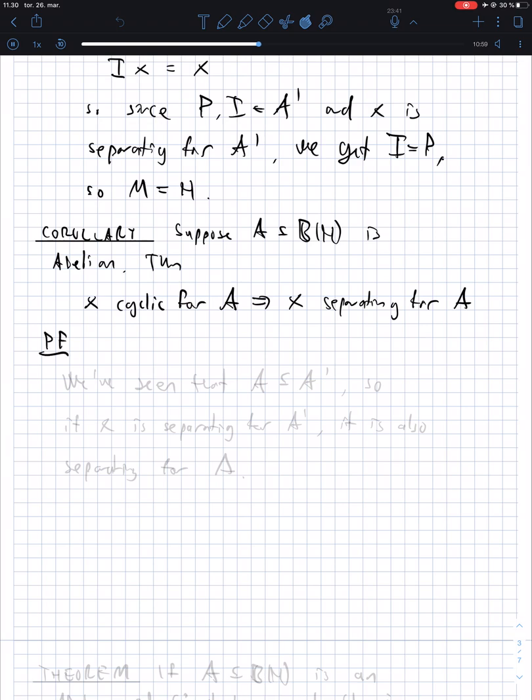And the proof is just that we've seen that A lies inside A prime.